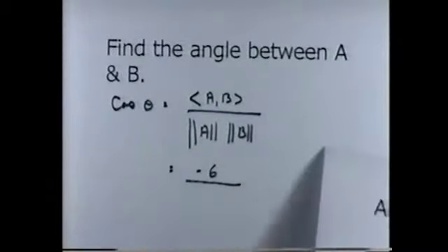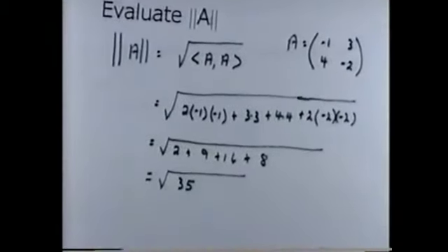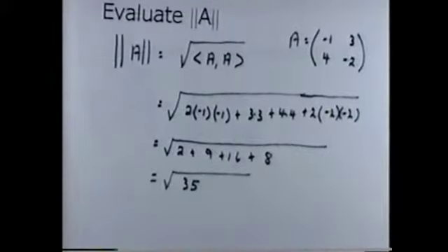We've already calculated the norm of A. We got that to be the square root of 35.